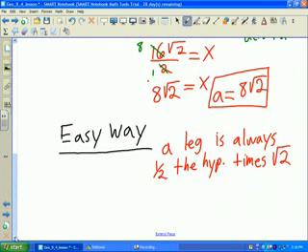The leg is going to be always half the hypotenuse times square root 2.